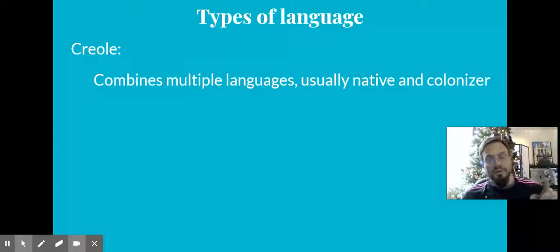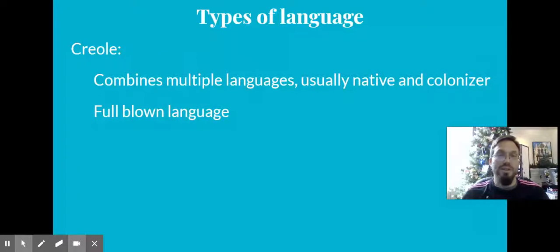By the way, note that there's no one Creole in the world. Each country may have something that they refer to as Creole, but that's not the only Creole that's out there. Okay, so for clarification, though, you should note that Creole, any creolized language or any Creole language, is a full-blown language with all of its complexity and layers and grammar and spelling and all that.